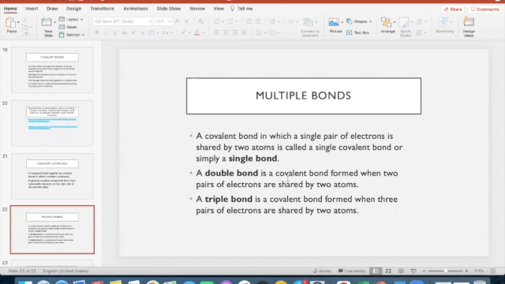A double bond is when you have two pairs of electrons shared by two atoms. And a triple bond is when you have three pairs. So single bond, one pair; double bond, two pairs; and triple bond, three pairs of electrons shared between those two atoms.